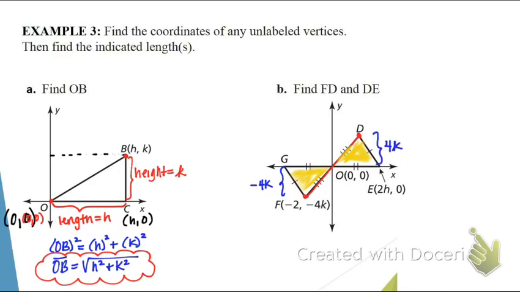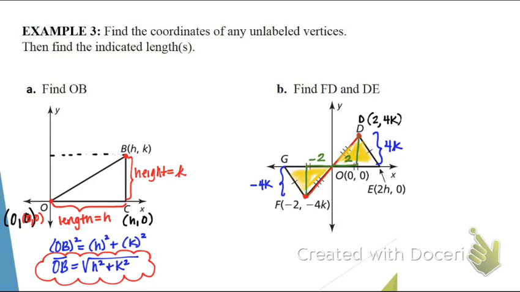And similarly, if F is negative 2 spaces back from the origin, D should be 2 spaces forward from the origin. So that's one of the ways that I sort of think through how to find the coordinates of D. Right? D is sort of a mirror image to F, and therefore D has coordinates 2, 4K.